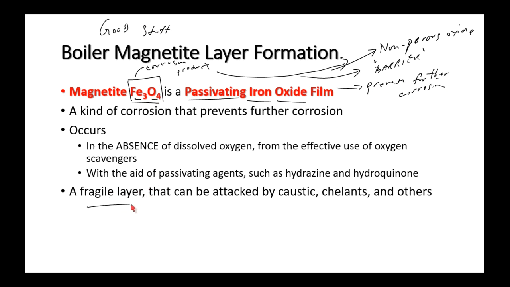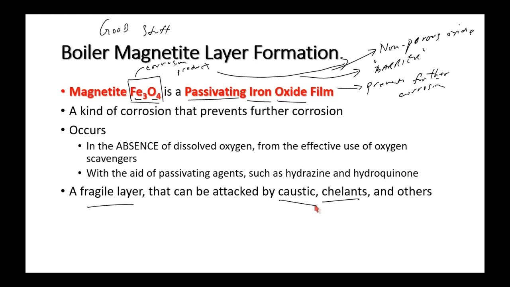But just be aware that it is fragile in that excessive caustic or chelants can actually consume a magnetite layer. And if the magnetite layer is consumed, well, it always rebuilds itself, right? But it rebuilds itself using what? The iron of the boiler shell.